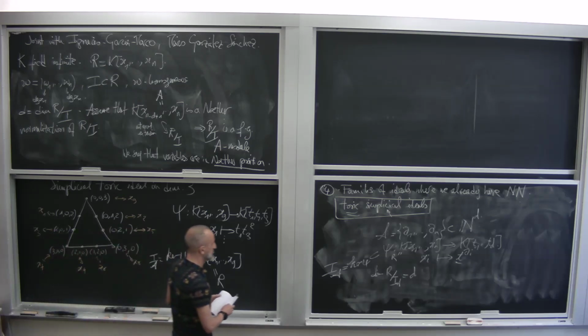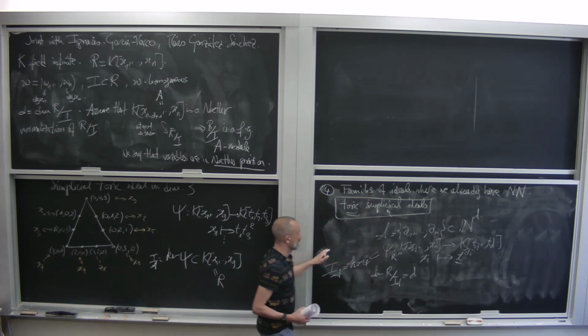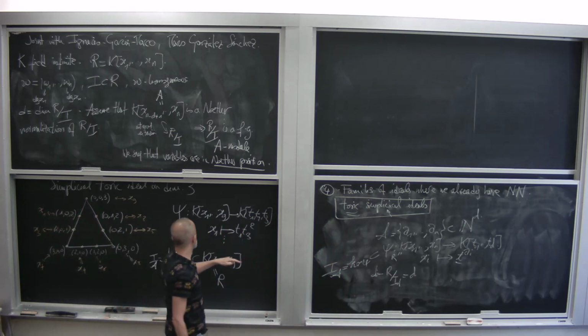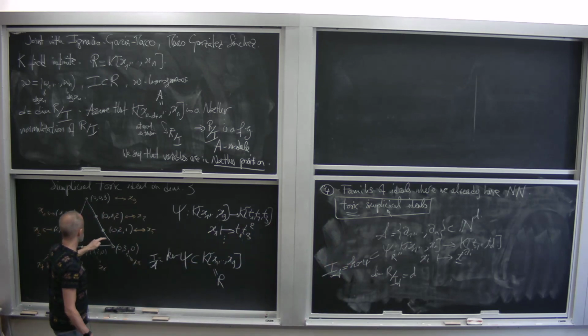So anytime I'm in this situation, then the polynomial ring in the last 3 variables is another normalization of my quotient ring.